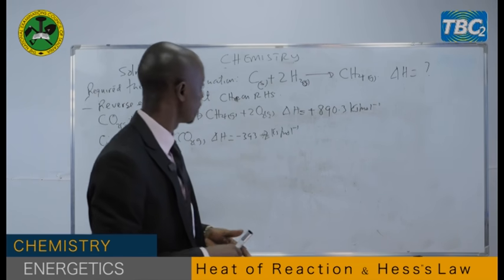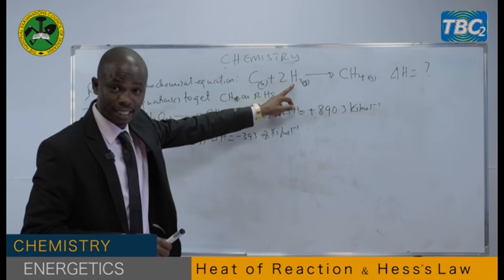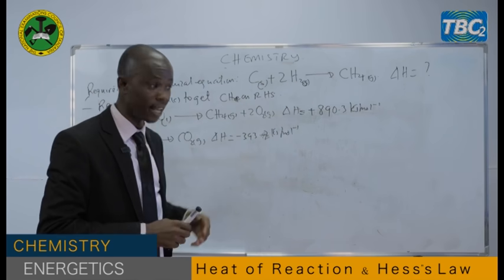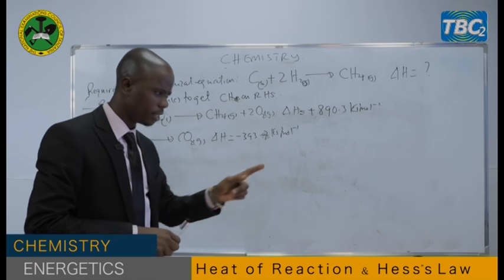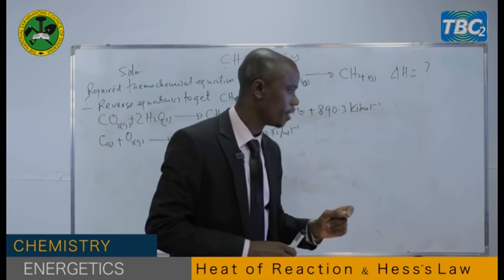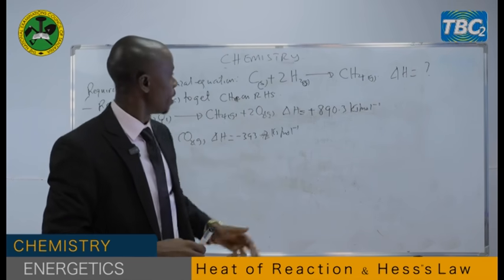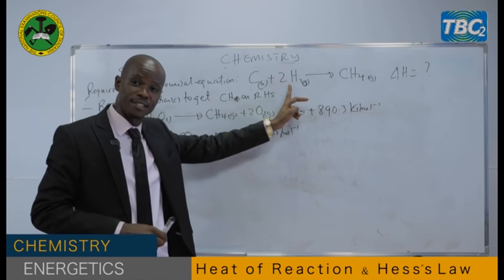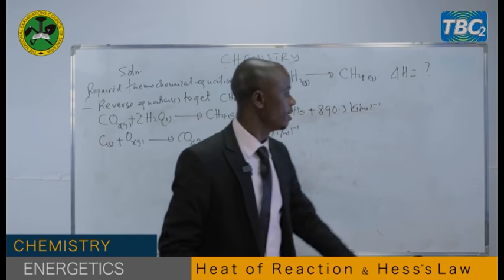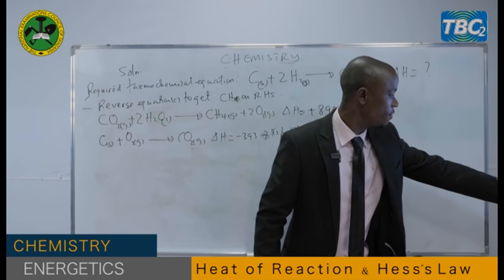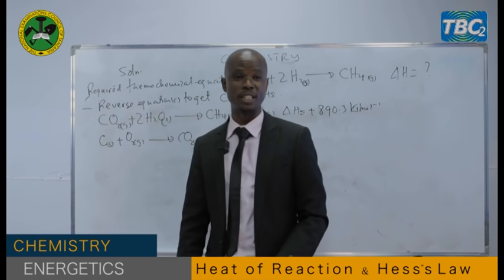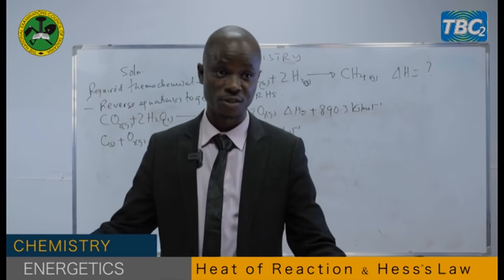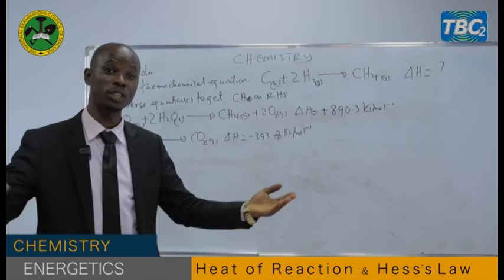Now we go to the last one. There is hydrogen, that is the remaining element. The remaining equation is B, and it has got hydrogen. In the required thermochemical equation, we have 2 moles of hydrogen gas. But in the given thermochemical equation, we have only 1 mole of hydrogen gas. What are you going to do?